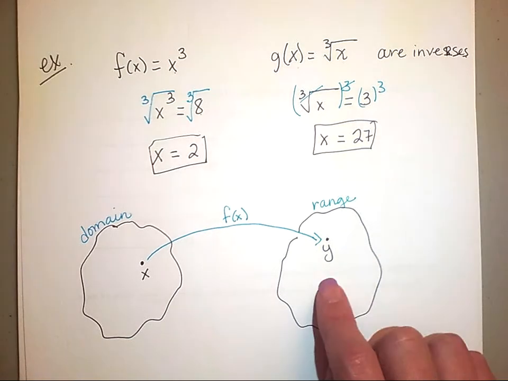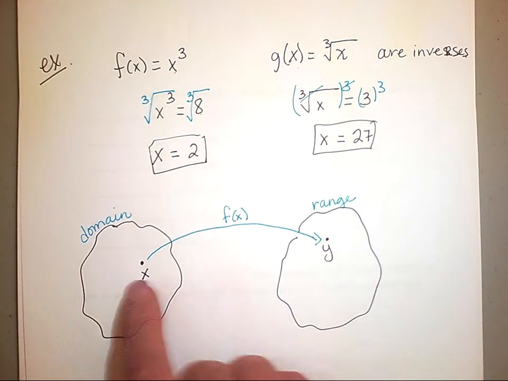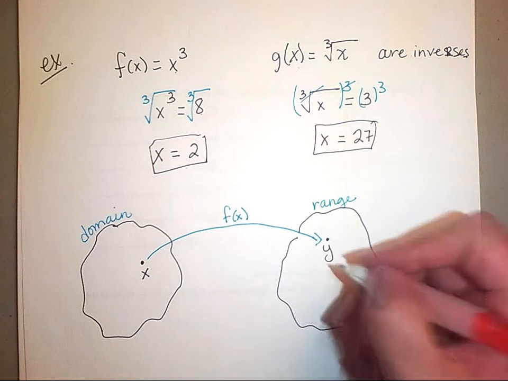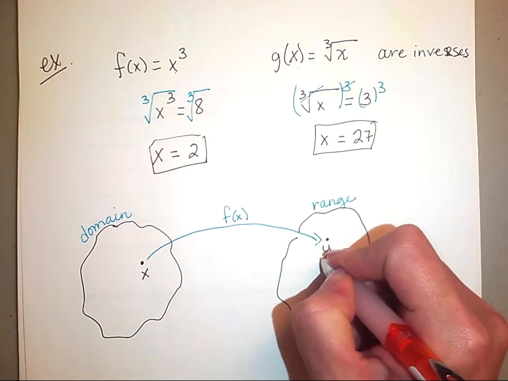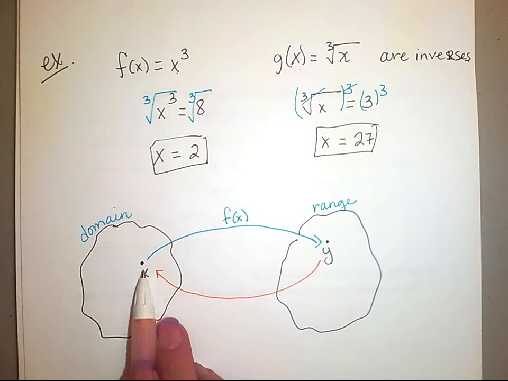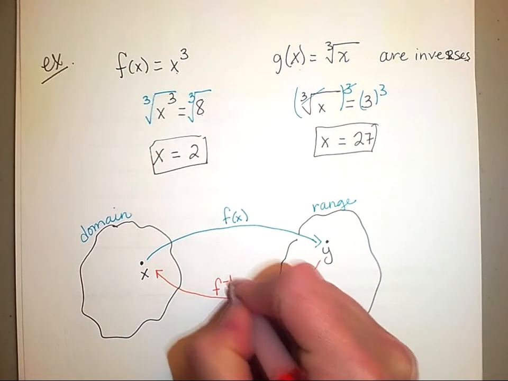But let's say I wanted to start with the range and ask myself, how did I get here? That is, what element in the domain got me through f to come out with this y? The way that we can do that is we're looking for something that will take this y and get us back to where we originally started, and that is known as f inverse.